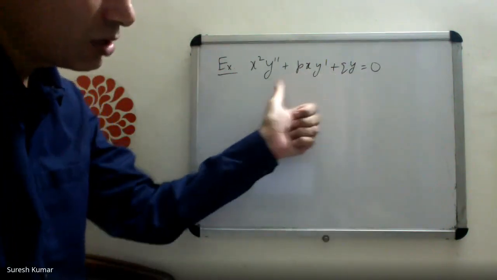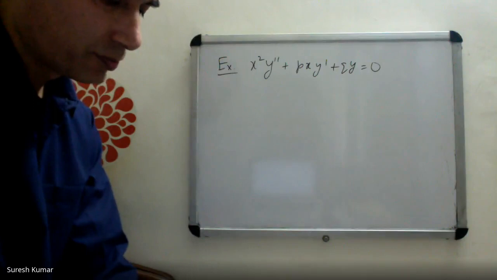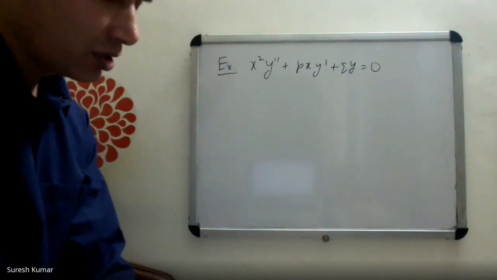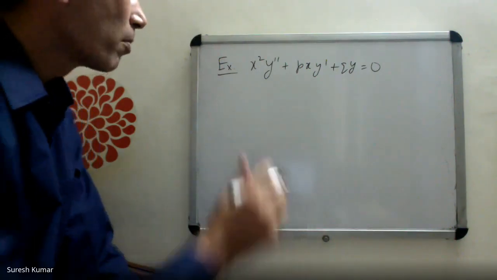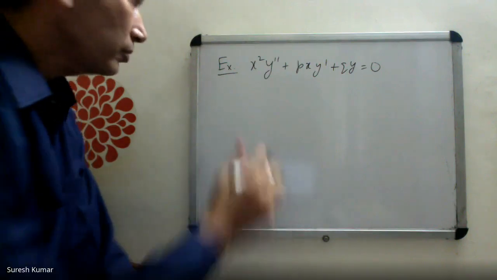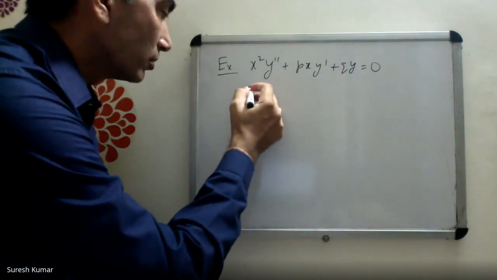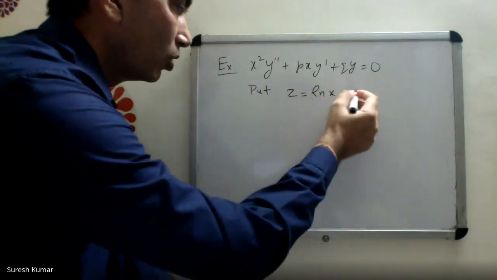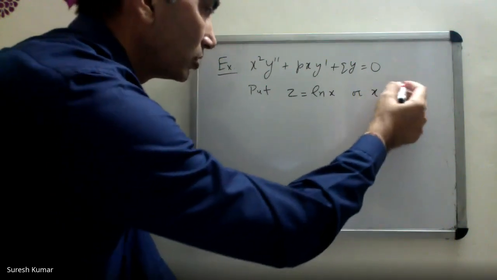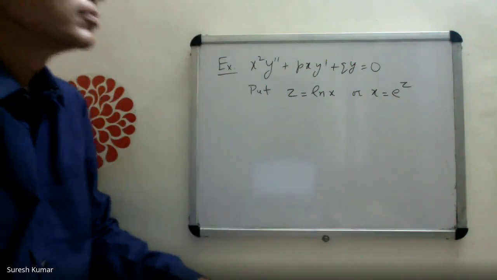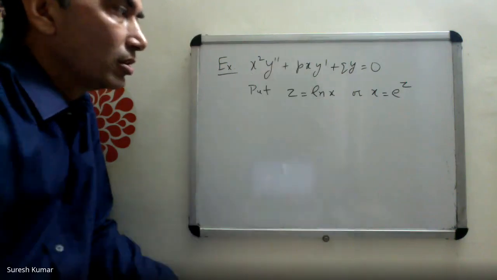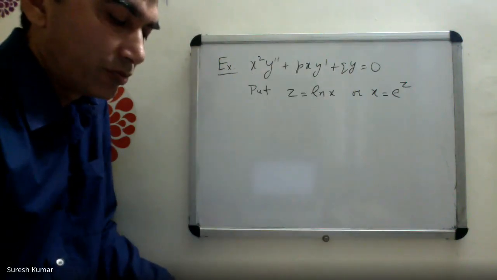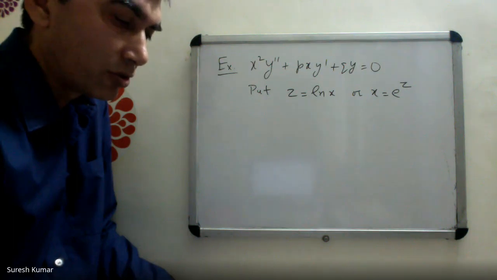Here p and q are constants. Use the transformation z equal to ln x, or I can say x equal to e power z. Using this transformation, can you transform it and see what is the transformed equation? Do it yourself, I'm waiting for you.